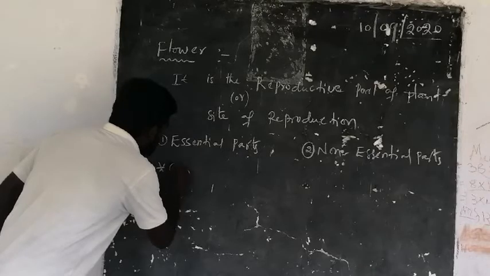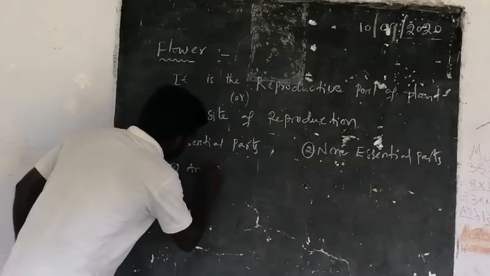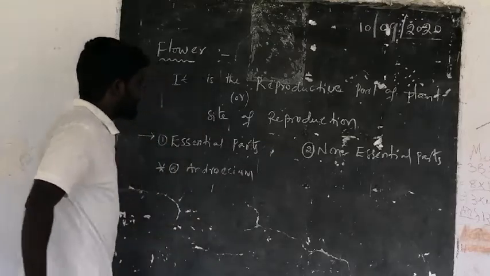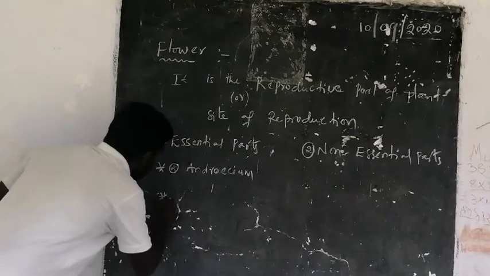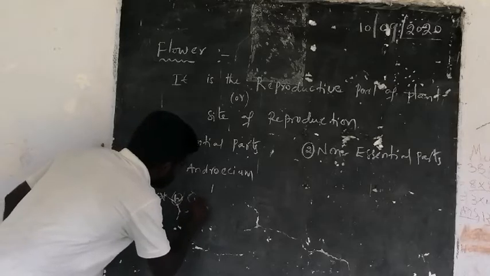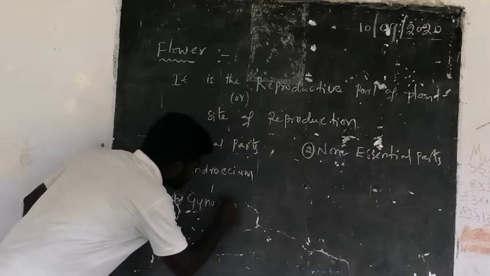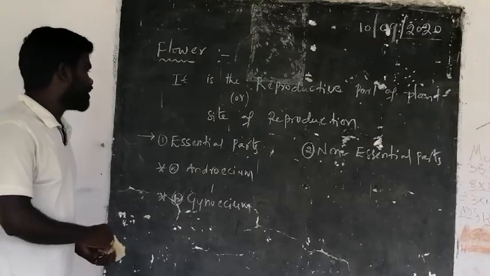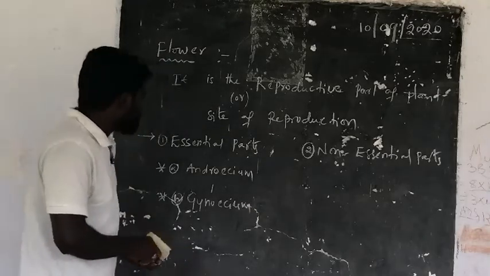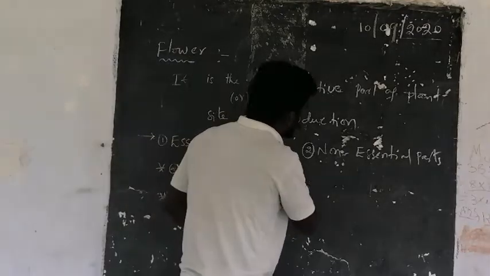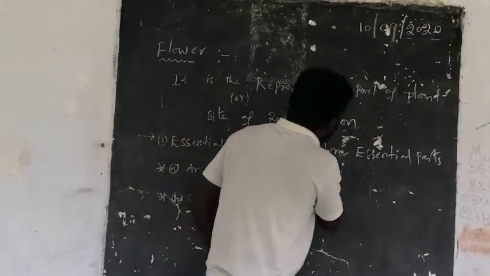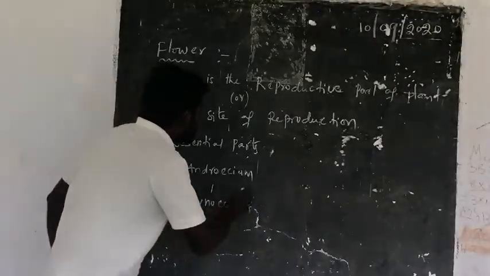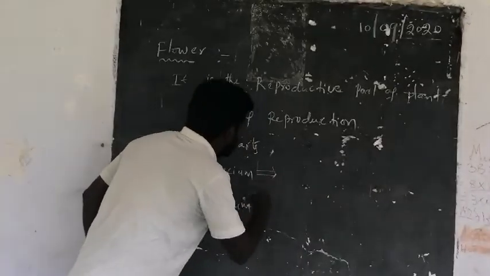Number one, androecium, and number two, gynoecium. Let us see about non-essential parts later.